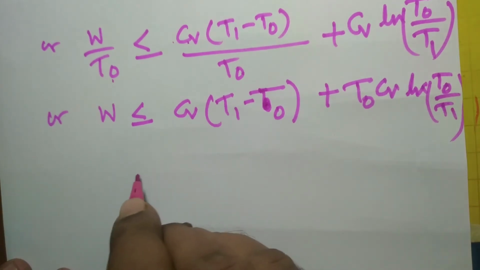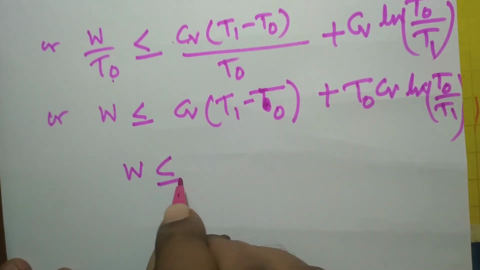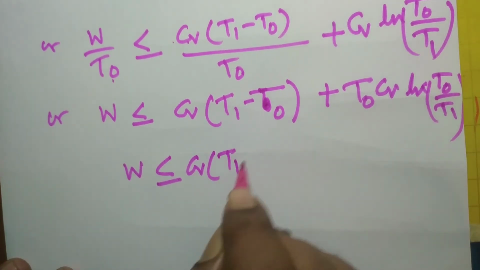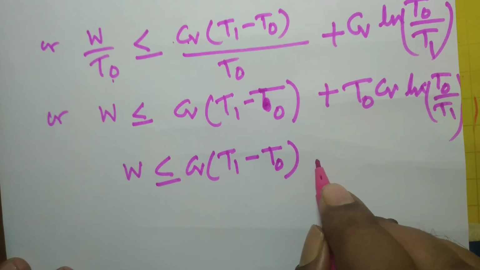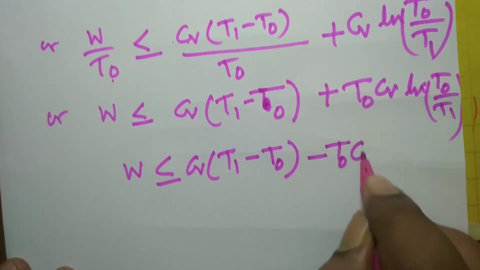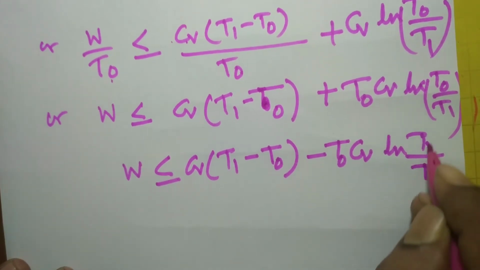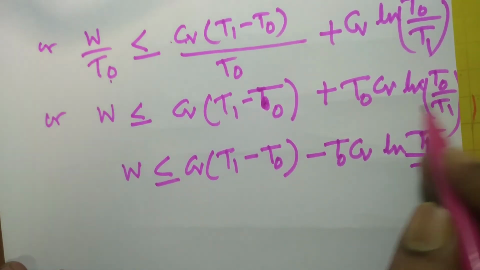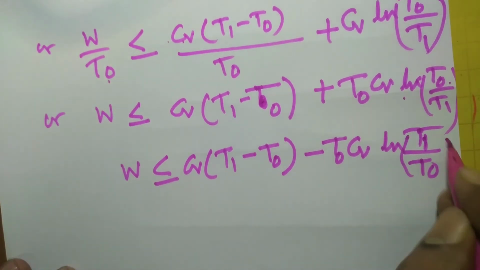So W is less than or equal to Cv (T1 minus T0) minus T0 Cv ln T1 by T0, because you see ln T0 by T1 is same as minus ln T1 by T0.